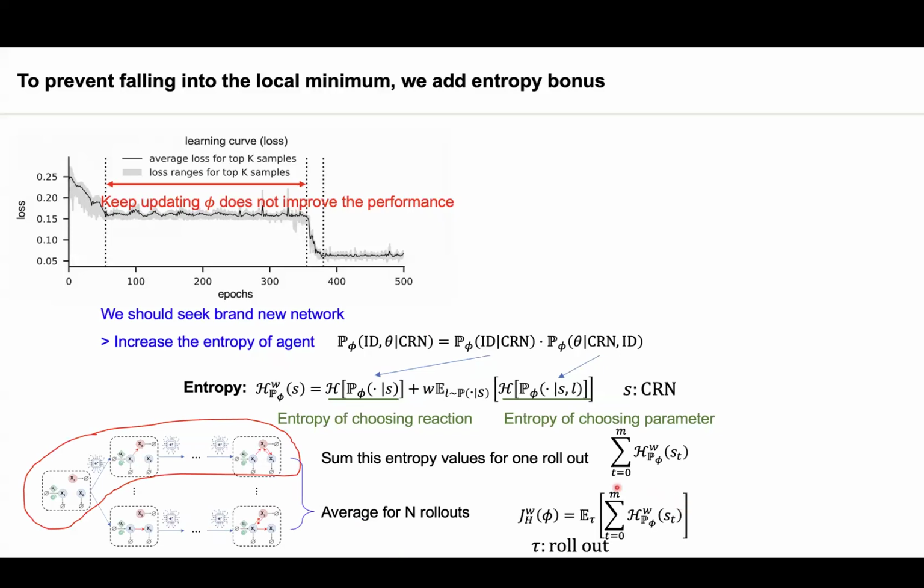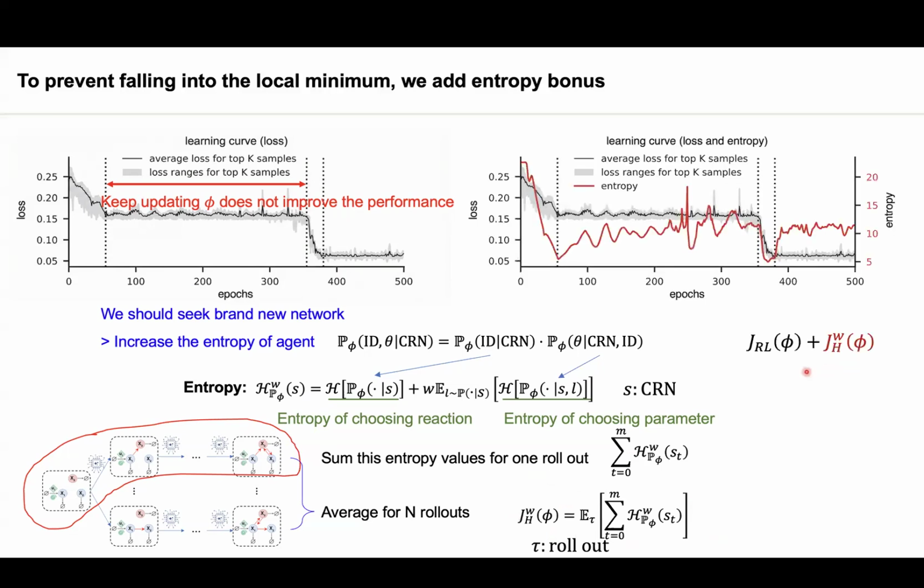So we use this value as a reward, and we add it to the rewards we defined in the previous slide. In this graph, the black line is the loss from our desired dynamical properties, and the red one is the loss from this entropy.